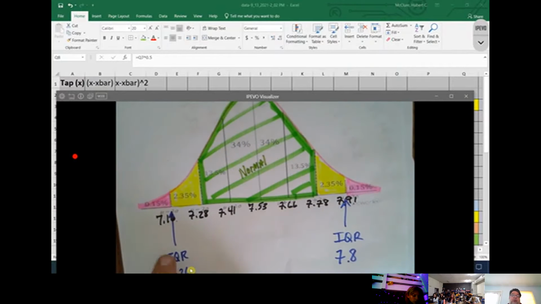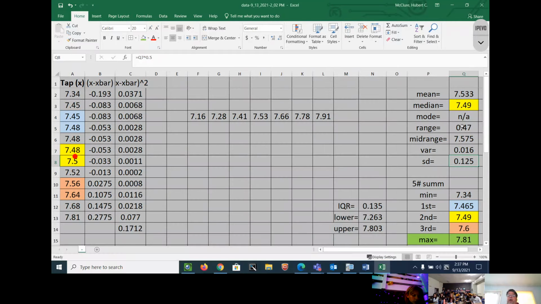Then you got another test question in a quartile range, lower and upper. And then you got these questions, which you could probably get 4 or 5 questions out of the 5-number summary and the mean, median, mode, range, mid-range, variance, standard deviations. You probably got about 8 questions. Probably got 16 test questions right here.